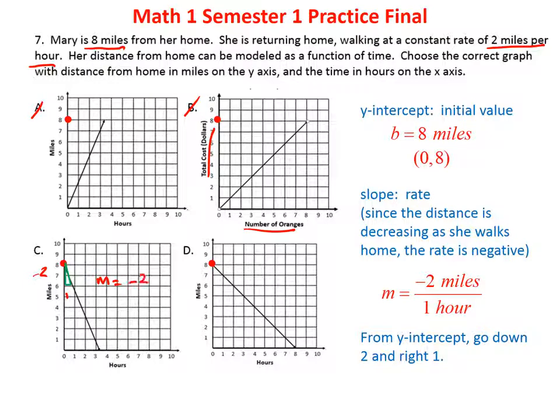So the slope here is minus 2 over 1, which is going to be our answer. On the other hand, the next one doesn't fit. This one actually goes down 1 over 1. This would be a slope of negative 1 over 1, and that's not our answer. So our correct answer is C. D is incorrect because it has a slope of negative 1, not negative 2.